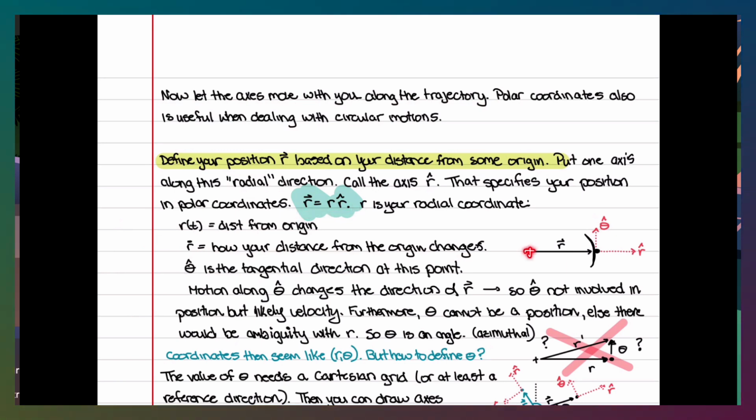So if I have some origin here, and here's my position from the origin, this tangential direction, pointing up, obeys the right-hand rule: r cross theta will point out of the page, like a good 3D, cyclic coordinate system.